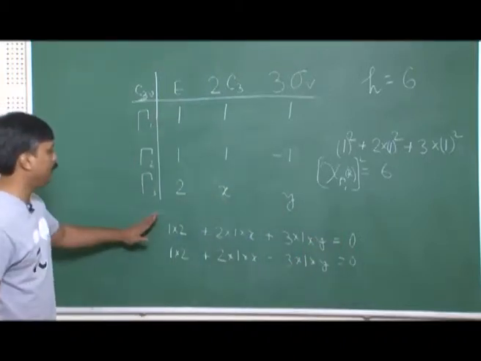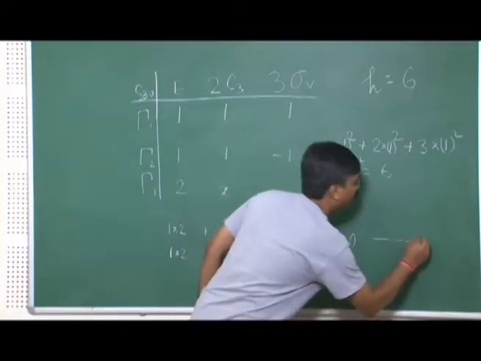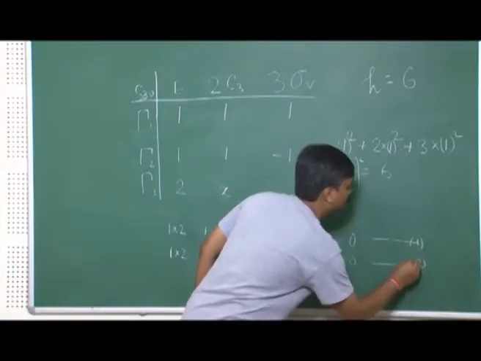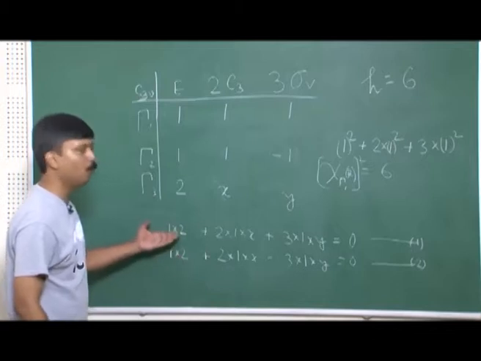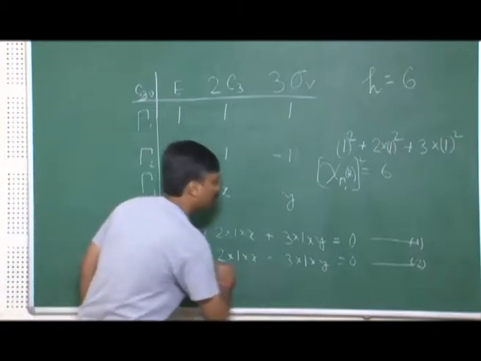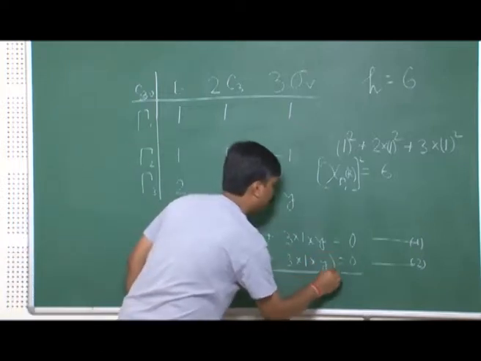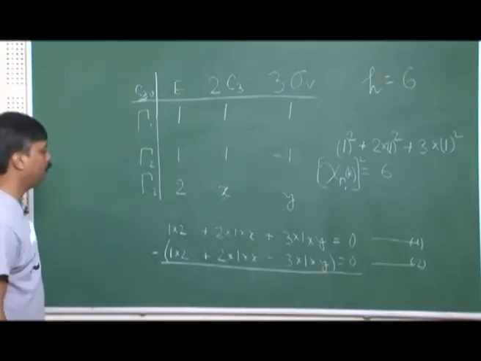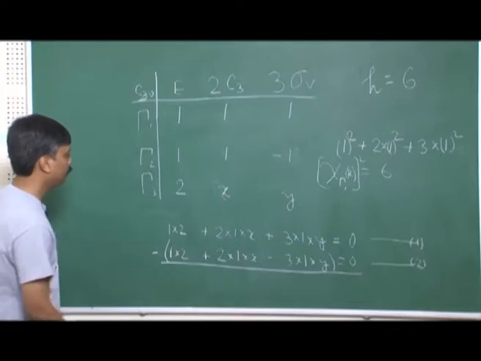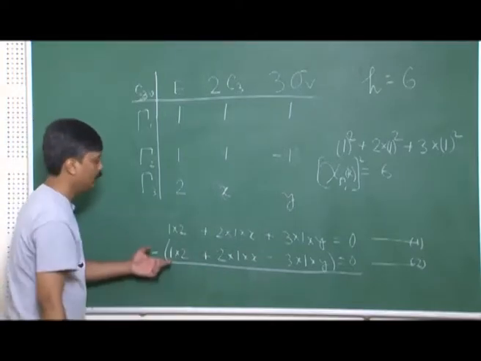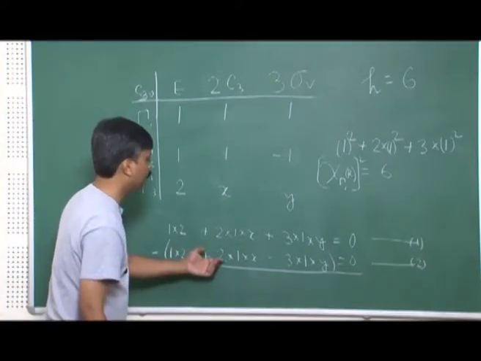Now, say this is my equation 1 and this is my equation 2, and if I subtract 2 from 1, then what do I get? If I take the whole minus of this one, then this 2 gets cancelled, and this one also gets cancelled.